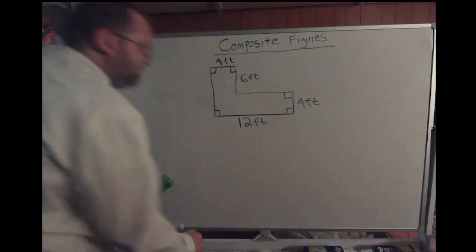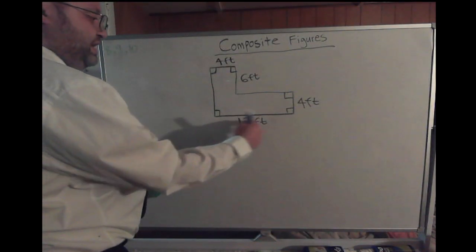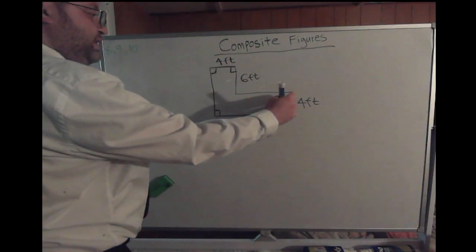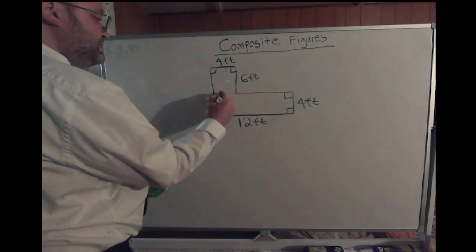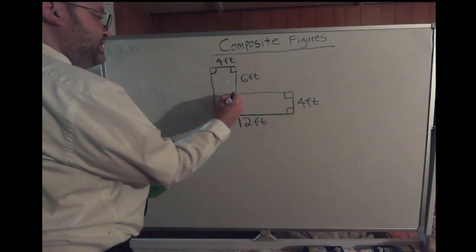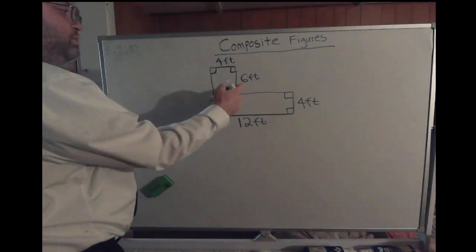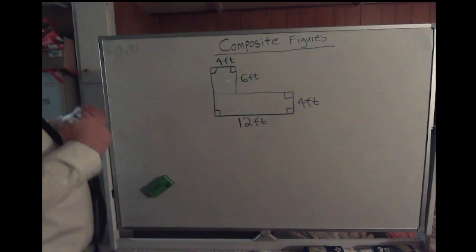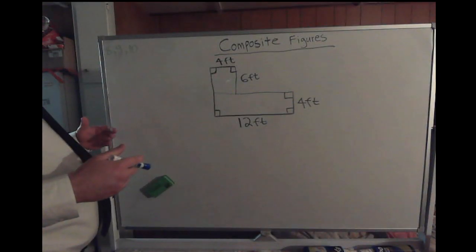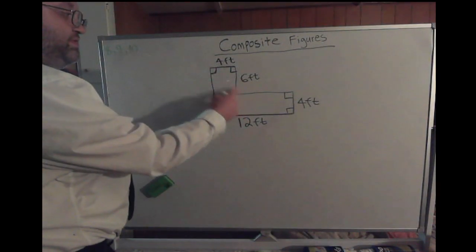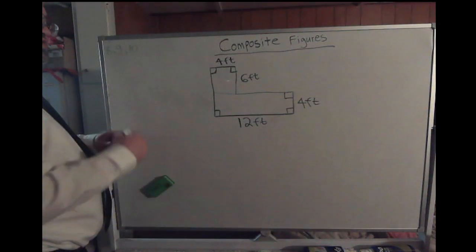You have a rectangle here with a length of 12 feet, a width of 4 feet, and then you can draw an imaginary line to separate this rectangle here. You'll have another rectangle with a length of 4 feet, a width of 6 feet. In order to find the area, you just gotta find the area of both of these rectangles, and add them together, and then you get your total area.